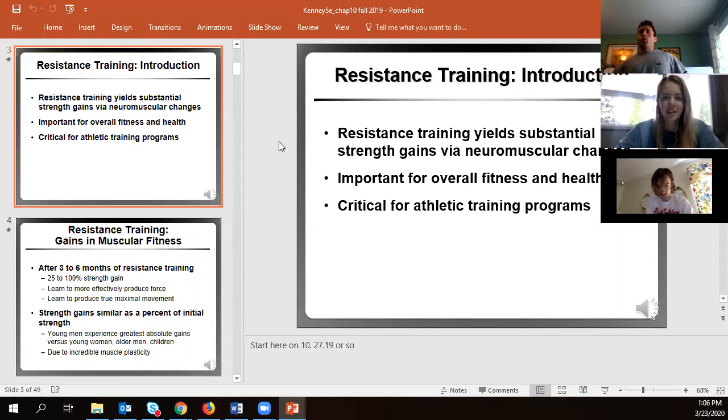Okay, so what we do know is resistance training is going to cause not just increases in strength through cross-sectional area, but the key is you're actually improving your neuromuscular control. So we're getting what's known as increased synchronization of your motor units, and you're going to get them to all contract at the same time, which is going to generate more force production. And we're going to do a better job of synchronizing intra and inter muscle contraction.